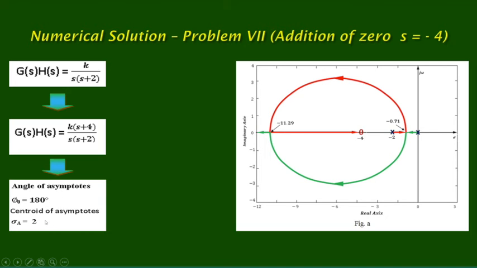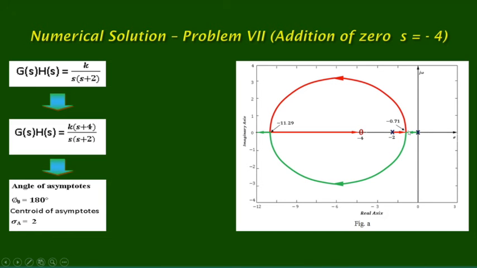And find the centroid of the asymptote. The centroid of the asymptote is sigma a equal to 2. So where is sigma a, 2? From this 2, draw the asymptote. This angle is 180 degrees.